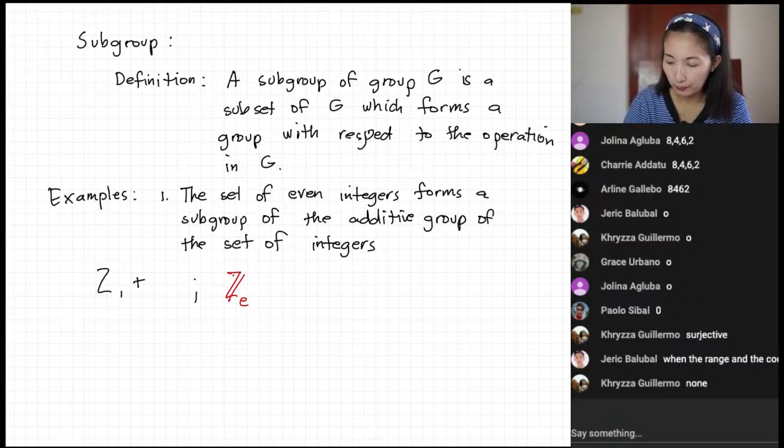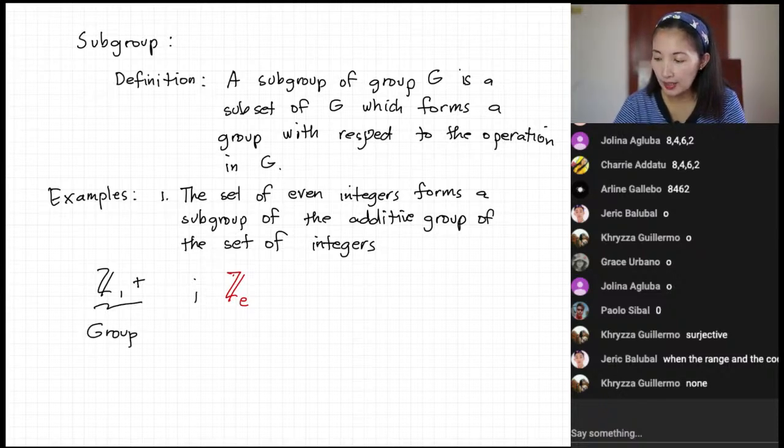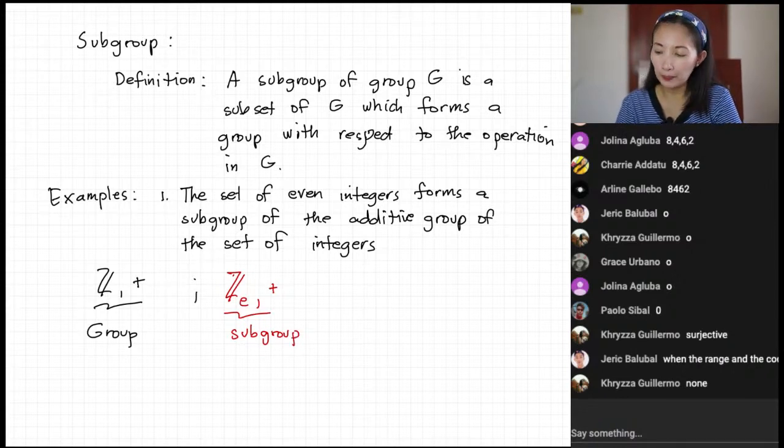This is a group. We said a while ago, this is a group. This Z sub E, set of even integers with respect to the operation addition, is a subgroup of Z. So subgroup siya because it satisfies all the properties.